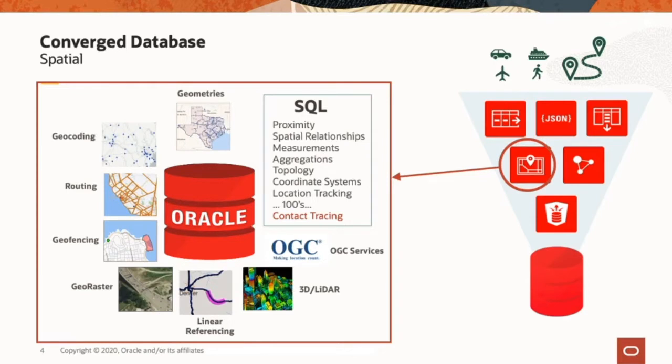All of the traditional sorts of spatial calculations and filtering and topological relationships, etc. And most recently, a contact tracing API that's part of that native spatial API within the converged database. And it's that new contact tracing spatial API that I'll be talking more about.